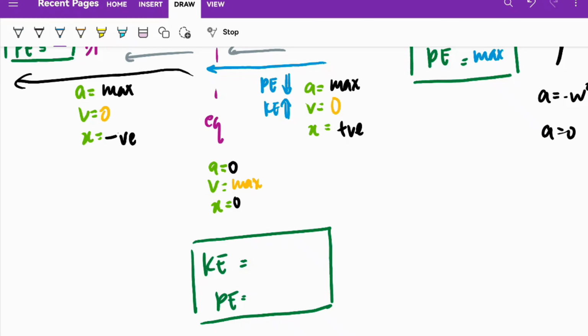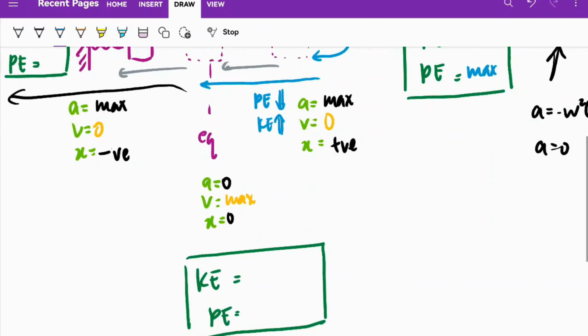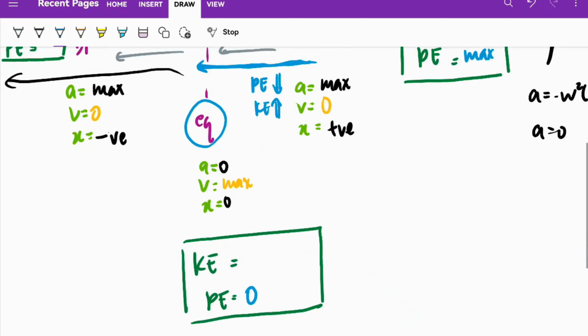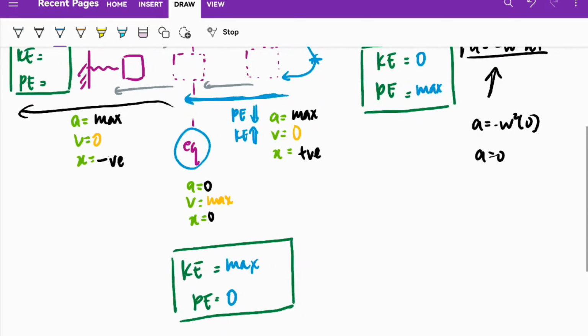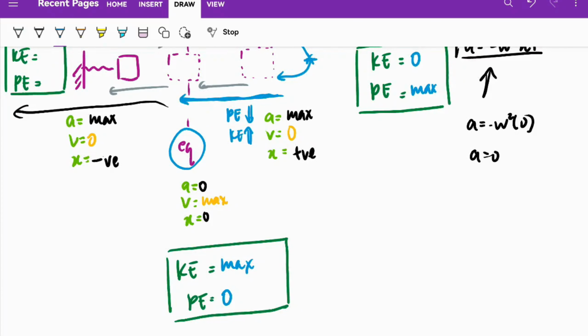That's why potential energy is 0 at equilibrium itself. So for it to be 0 at equilibrium, it has to slowly decrease as you move towards equilibrium. At equilibrium, the system's entire energy is kinetic energy at this instant. The mass is zooming past the center at maximum speed. So at equilibrium, your kinetic energy is maximum.